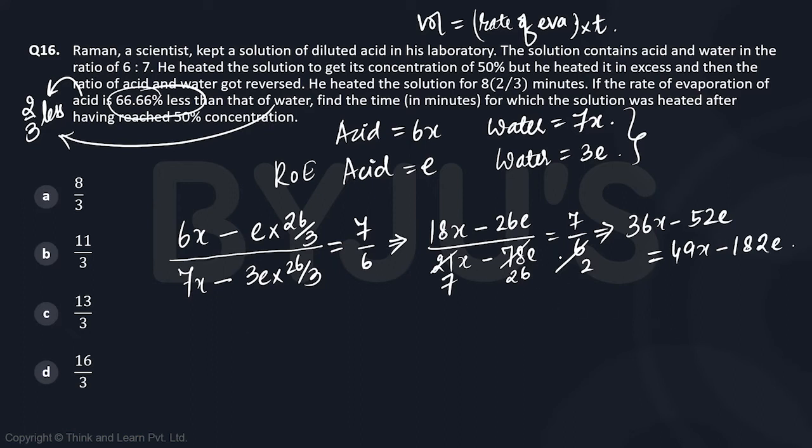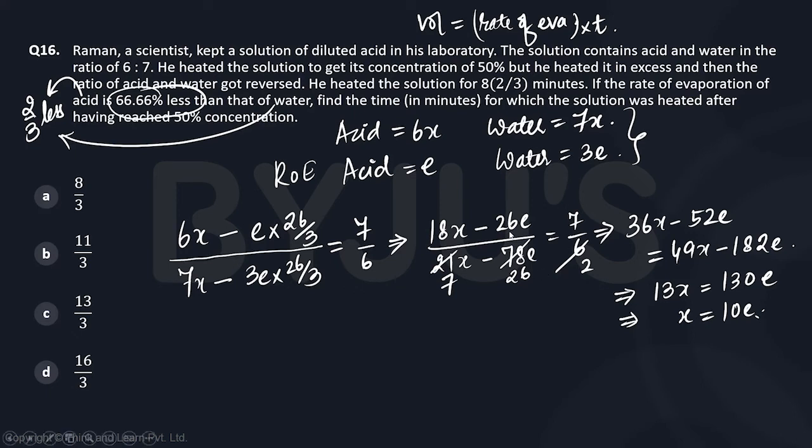If we bring all the x on one side, we will have 49 minus 36x, which is 13x, and 182E minus 52E is 130E. So x is going to be 10 times E, or numerically the rate of evaporation is 1/10 the volume that is given.